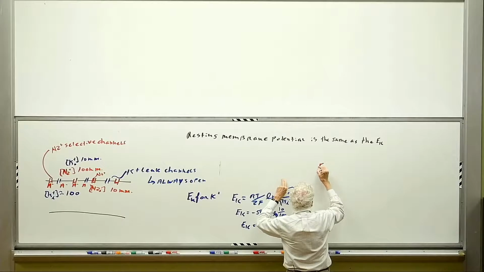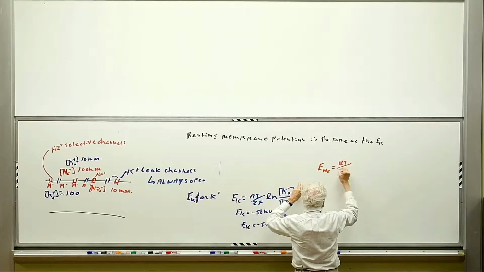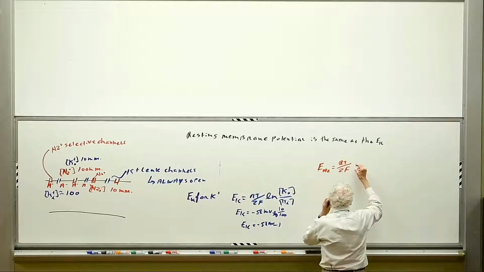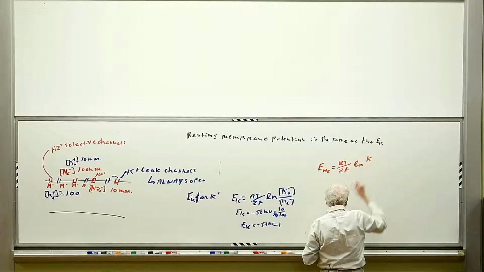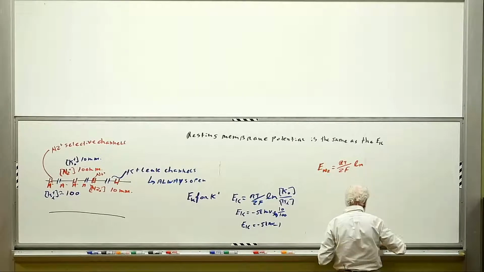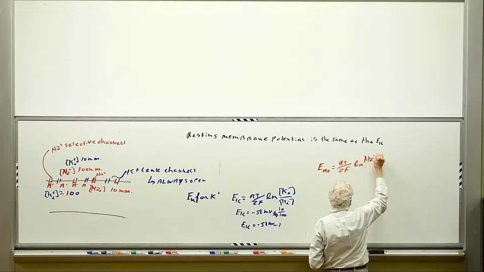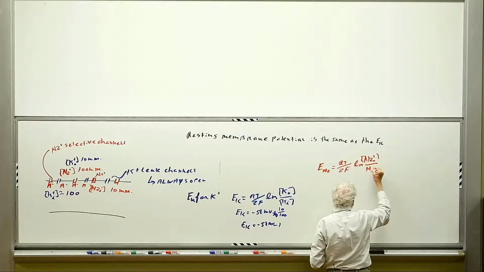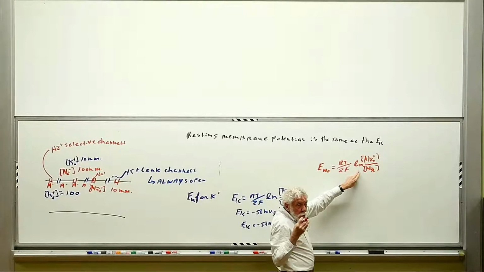We can say that E sub Na is equal to RT over ZF times the natural log of the sodium concentration on the outside divided by the sodium concentration on the inside. Well, I won't belabor too much. We've said that this is going to convert to 2.72.